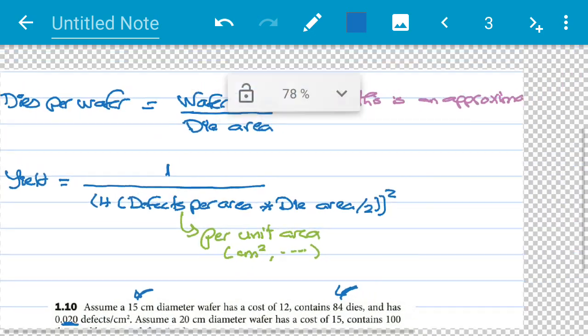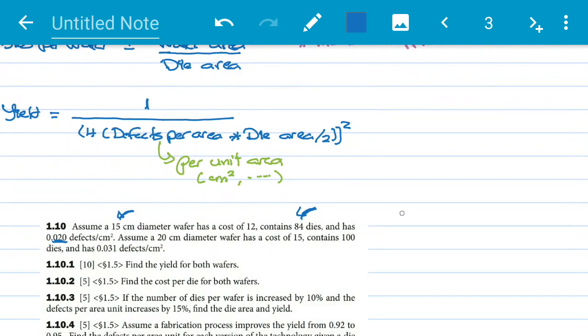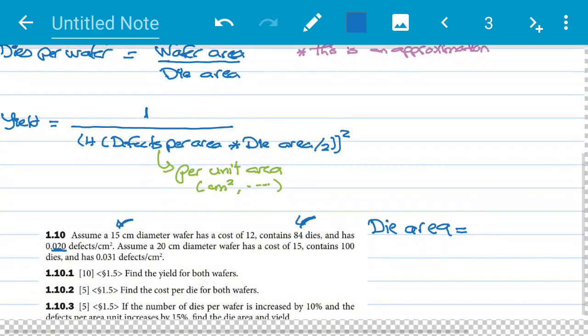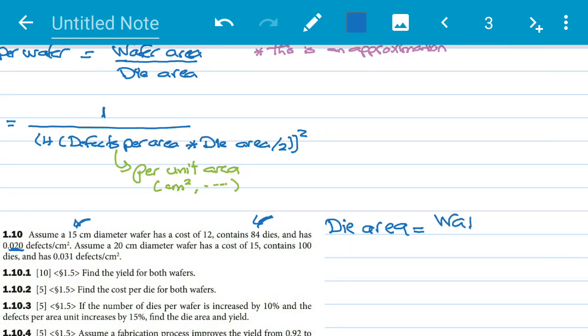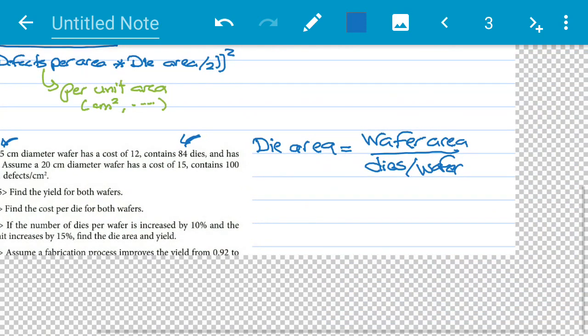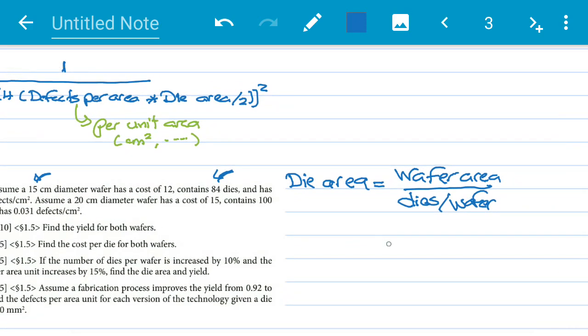So the die area would be wafer area over dies per wafer. In our case the wafer area is pi r square.